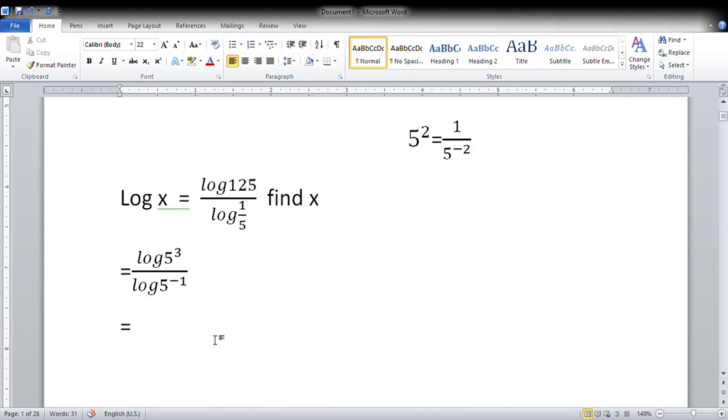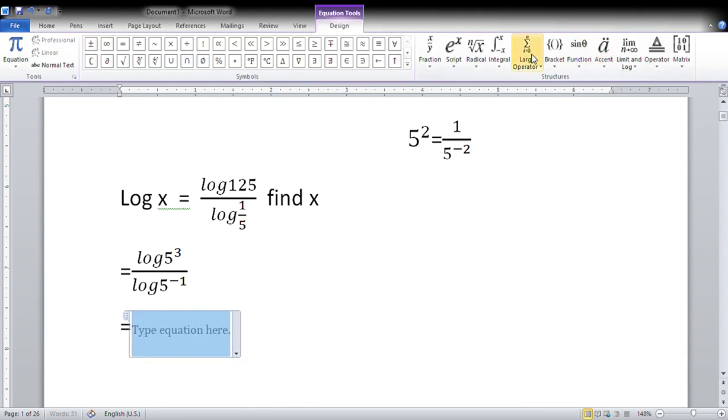Same thing here: this 3 will come in front, 3 multiply by log 5, and in the denominator minus 1 comes in front, minus 1 multiply by log 5.